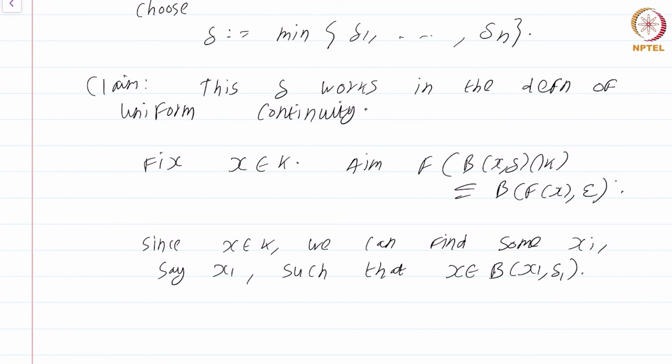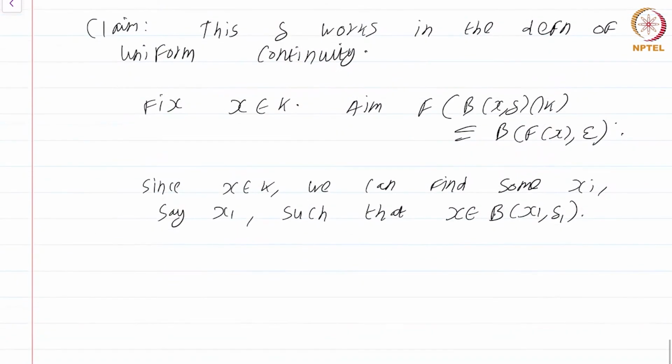So the union of these B(xi, delta i) is K, so any element x will have to be in one of them. I am just taking for concreteness that particular element to be x1, delta 1. Okay.